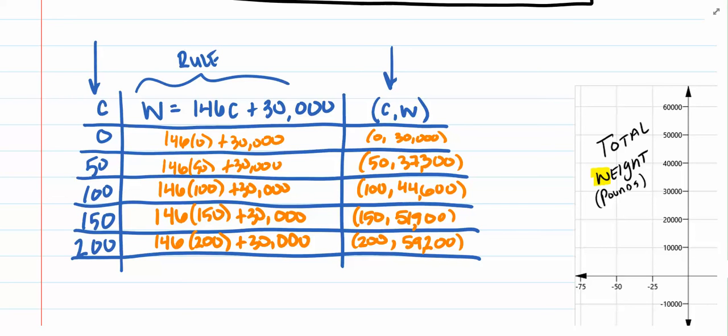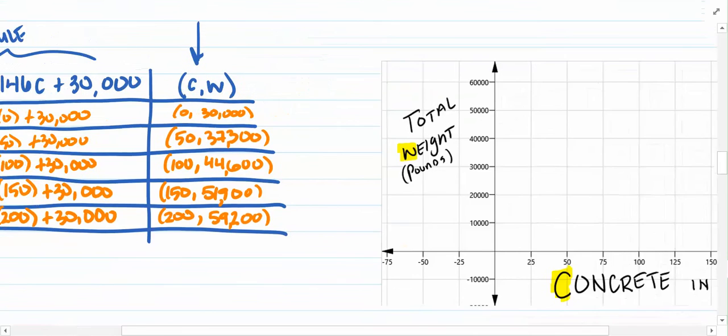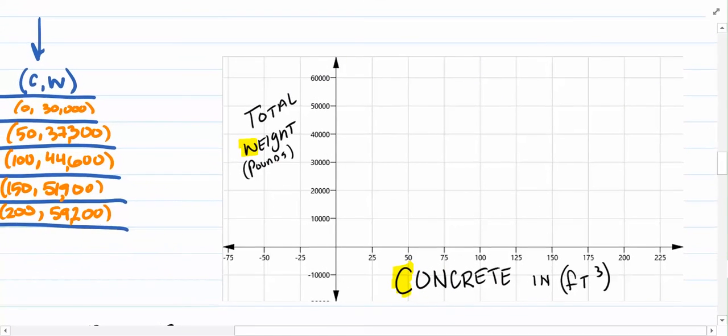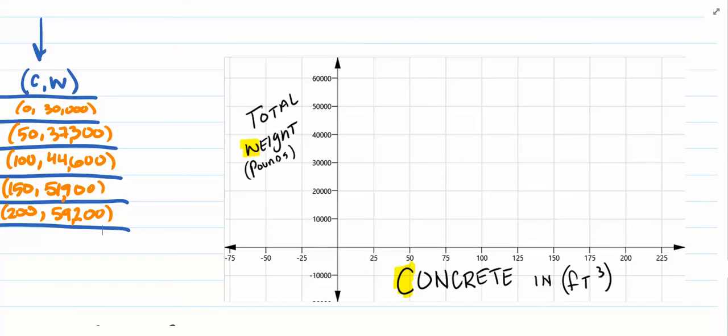But then it says, what would the graph look like? We have to only consider concrete up to 200. We can't go any more than 200 because it has a capacity of 200 cubic feet. So at 0, I would be up here at 30,000. At 50, I would be at about 37,300, so right about here. 100 would be about 44,600, so that would be right about here.